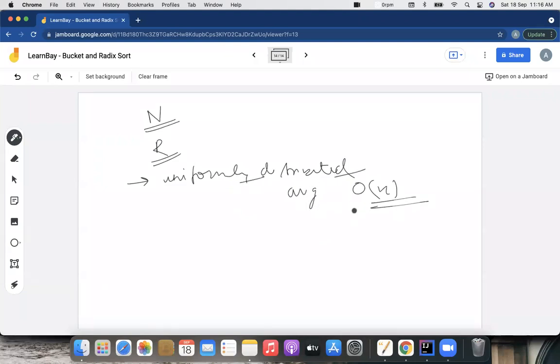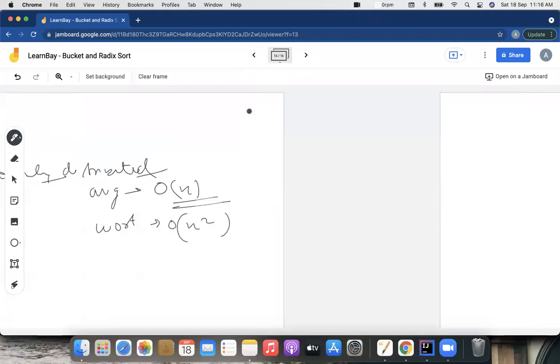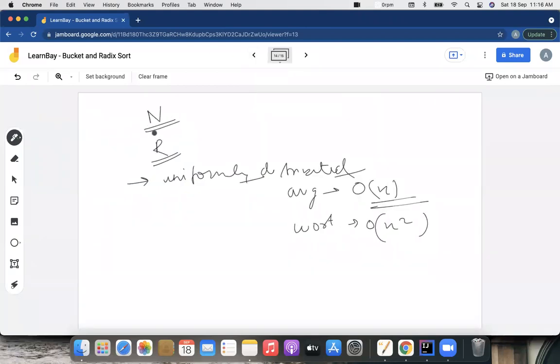Just like quick sort, we say average complexity is n log n and worst case is order of n square. Here same, worst case will be order of n square and average time complexity will be order of n. So this wraps up bucket sort. Any questions so far? Any questions on bucket sort?